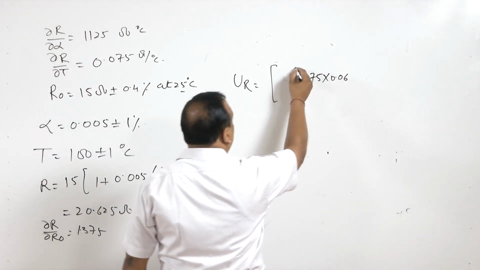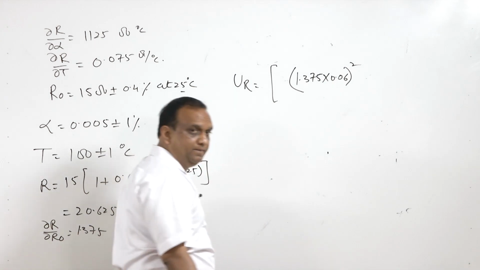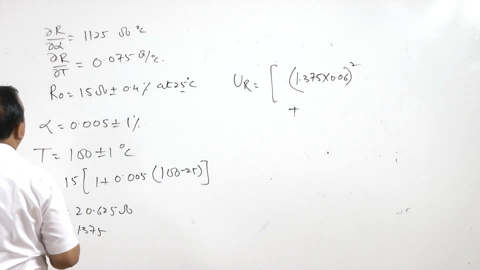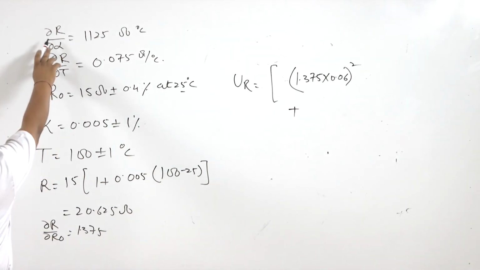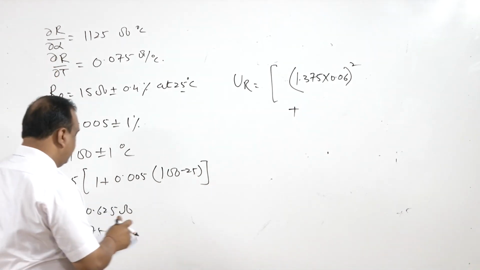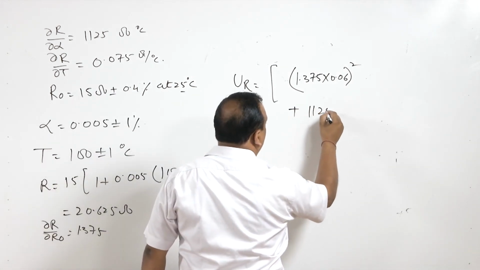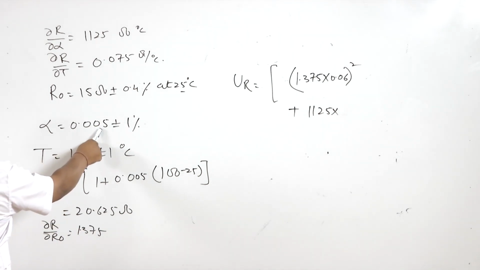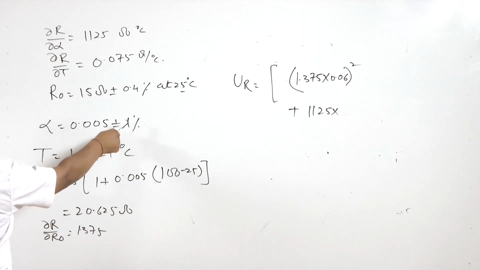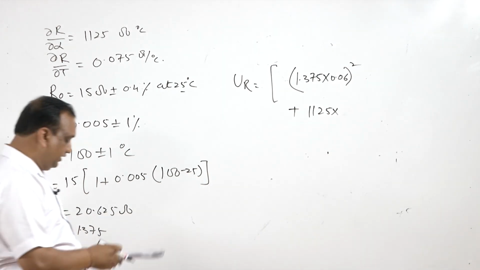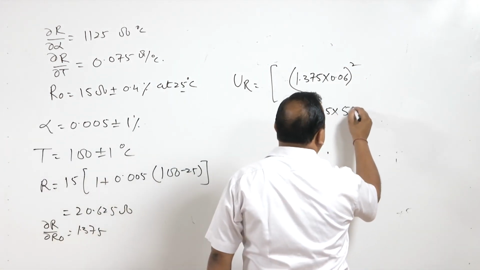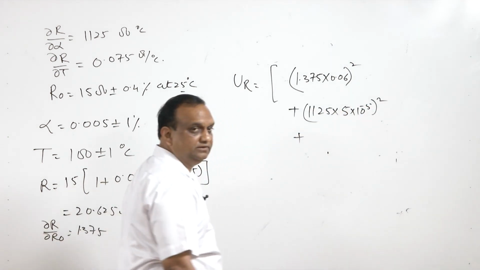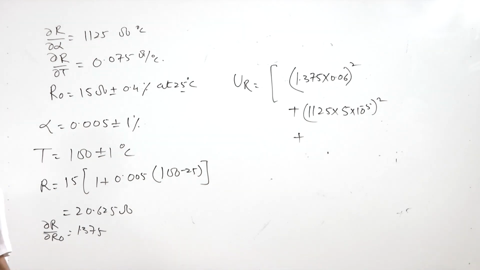0.4%. We will square this, plus again next term alpha, it is 1125 multiplied by uncertainty in this. So, 5 into 10 to power minus 3, 5 into 10 to power minus 5. So, it is going to be 5 into 10 to power minus 5 whole square plus temperature.